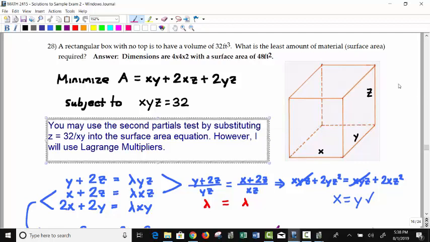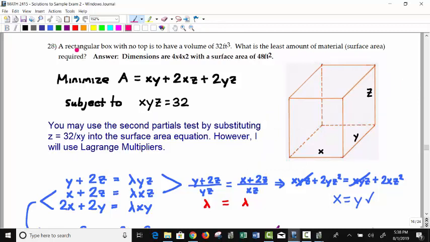But I'm talking about these ones that have optimal answers here. We don't want to use that method, because you may recall from the notes I showed an example in the Lagrange section of a couple of them that we did using second partials, and they were much more work. That was the idea, to show the beauty of Lagrange multipliers compared to the second partials for applications.